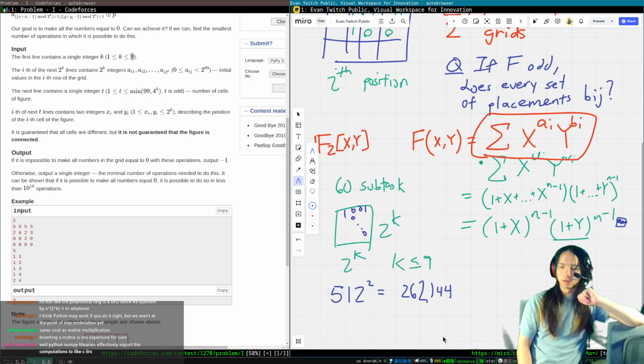Is it not a UFD when you quotient by... Oh, that's true. It's not quite a UFD. Ah, right, because I'm taking mod.